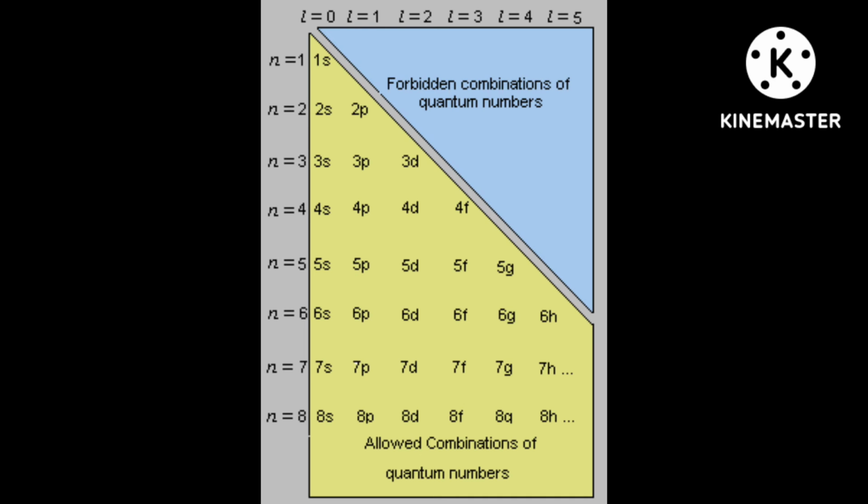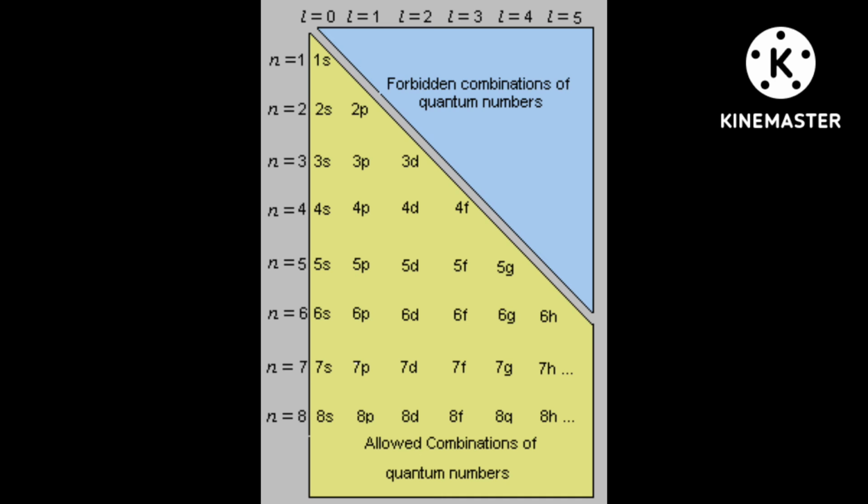Here you should understand that in each orbital, as I already told you, maximum 2 electrons can be accommodated, not more than 2. In the s orbital, only 2 electrons are possible.